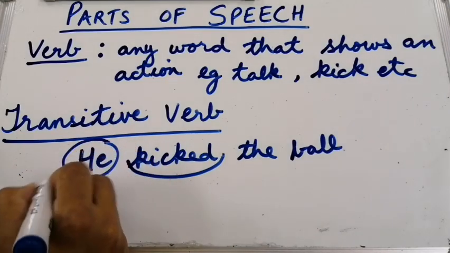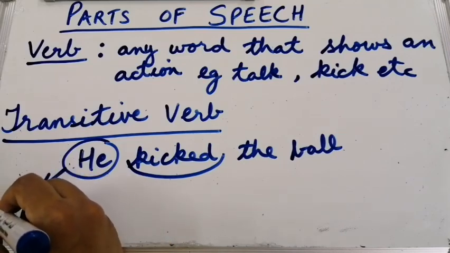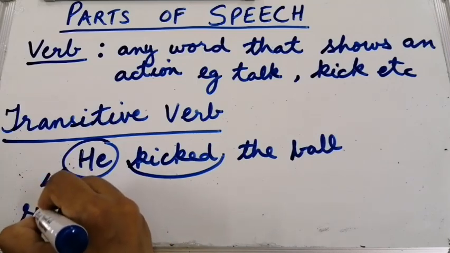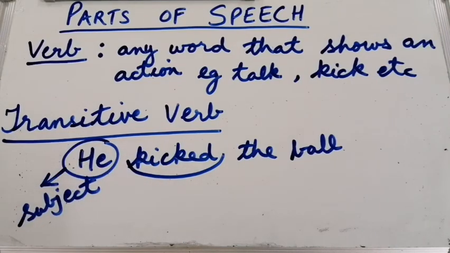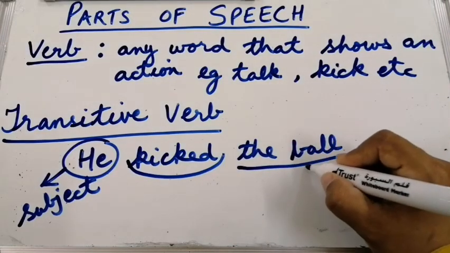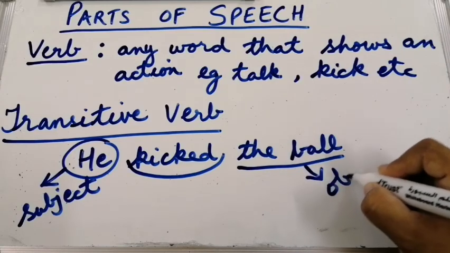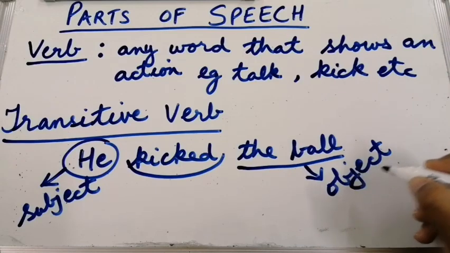He is the doer of the action. That is why he is called subject. He is the person who is doing the action. The ball is the object because the action is being done on the ball.